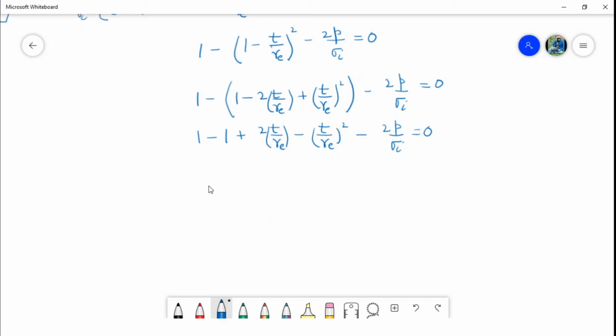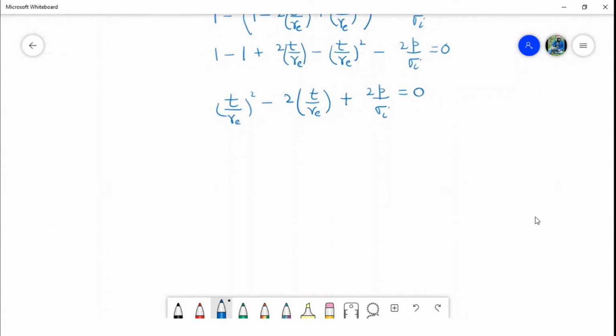And this will give you (t over Re) whole square minus 2t over Re plus 2P over sigma I equals 0. So we can see from here that this represents a quadratic equation.